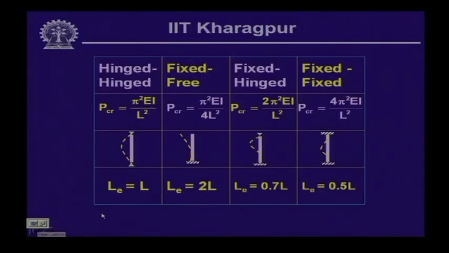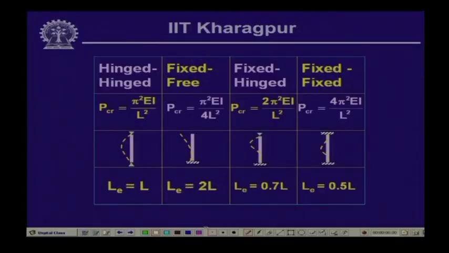Now, if you look into these cases in general, for the hinged case we had P critical equal to pi square E I over L square, where the deformed state was in this particular form. Now, if we try to write down the critical load for all the cases in terms of this pi square E I over L square, then for the case where your support conditions are fixed and free, you have P critical equal to pi square E I by 4 L square.